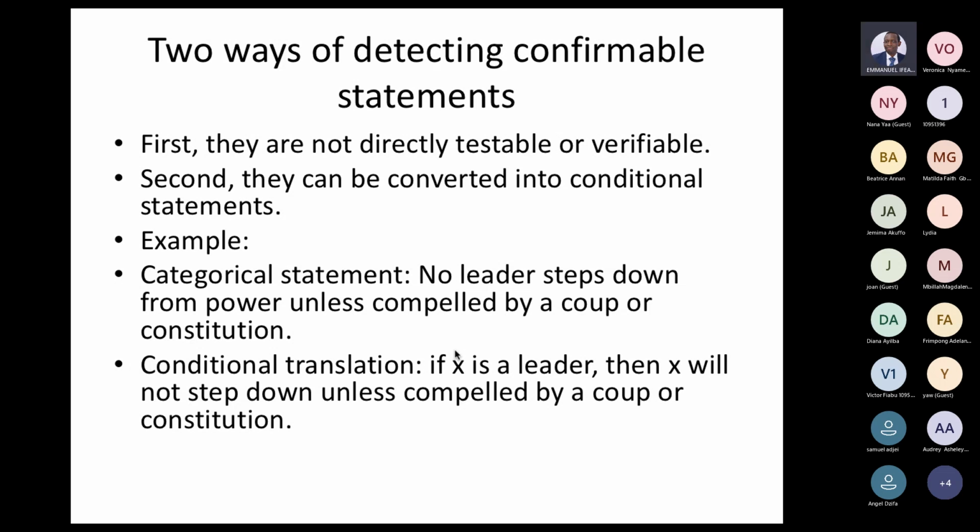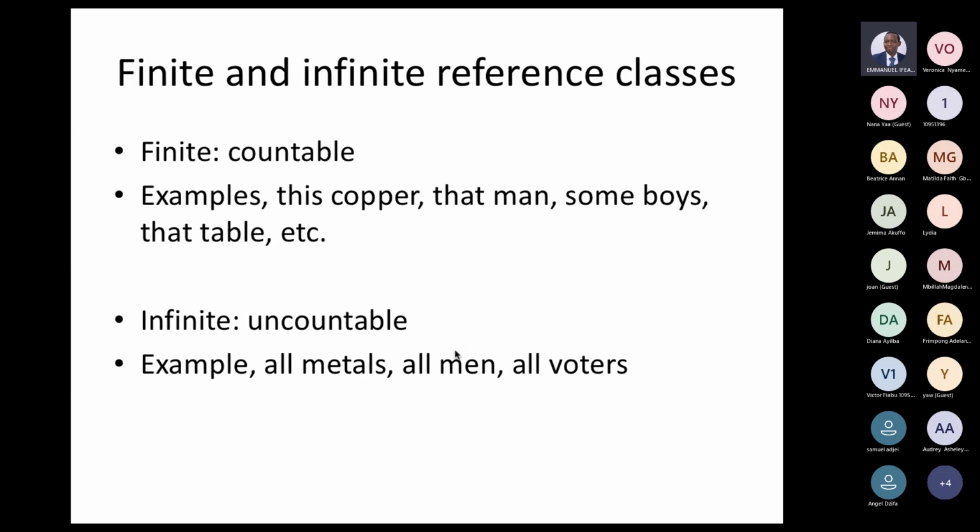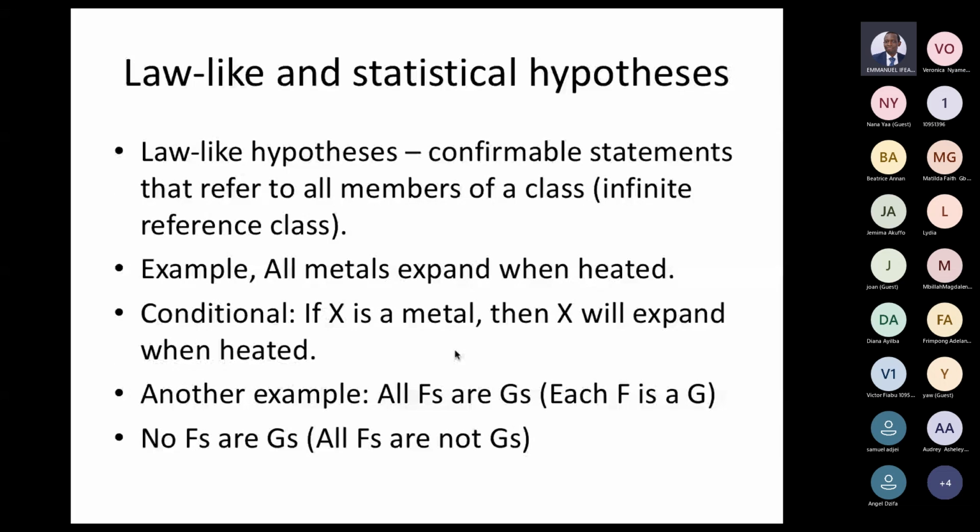We said that there are two ways to detect confirmable statements. First of all, confirmable statements cannot be directly verified, and secondly, they can be converted into conditional statements. Then we saw the finite and infinite reference classes here. We had to revisit the explanation of these classes so that it will help us to understand law-like and statistical hypotheses.